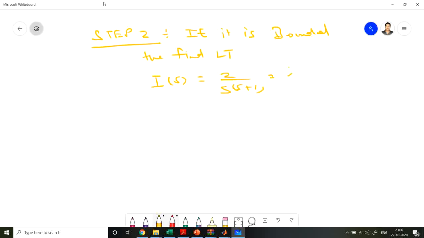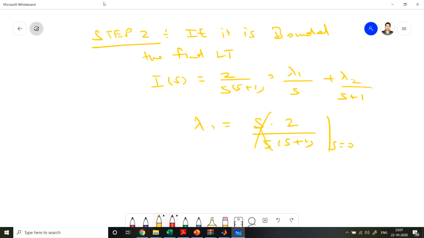So it is equal to lambda 1 divided by s plus lambda 2 divided by s plus 1. And lambda 1 is equal to s into 2 divided by s(s plus 1) at s equal to 0.